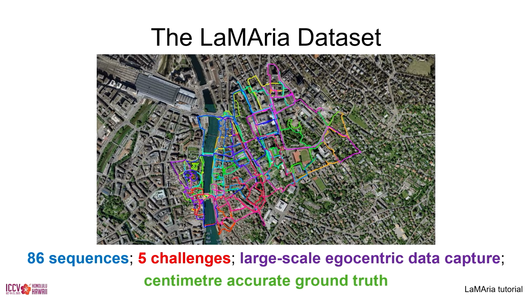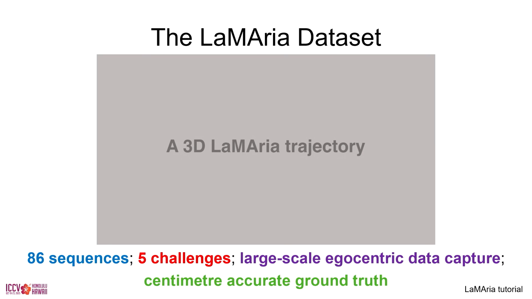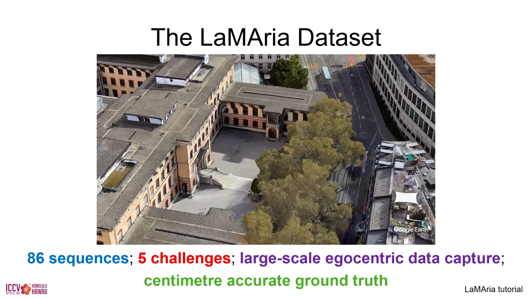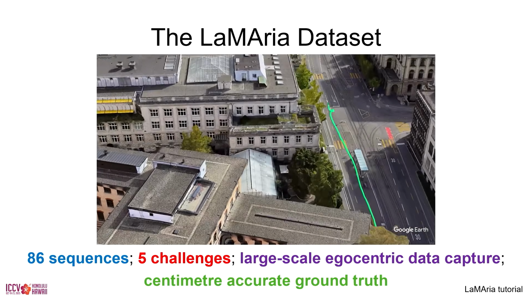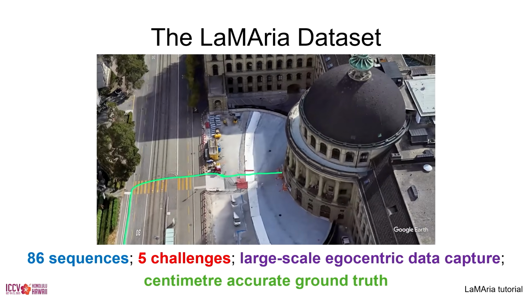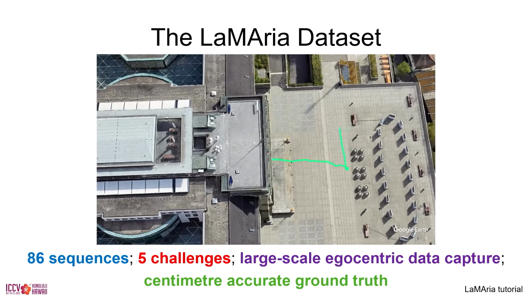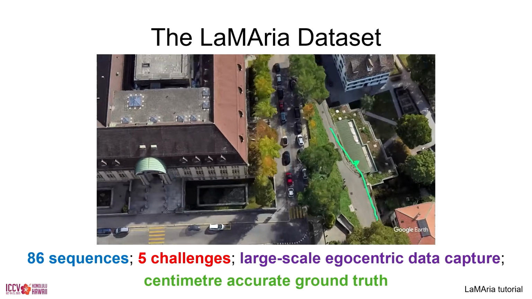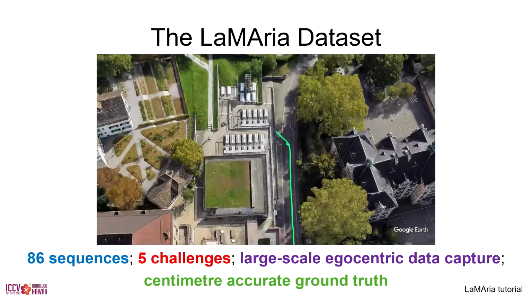And so here you see many trajectories through the streets of Zurich, collected by Anusha and Shaohui and many students at ETH. They'll give you a lot more details on how to use this dataset and what you can do with it. So we have lots of sequences and a number of different challenges.